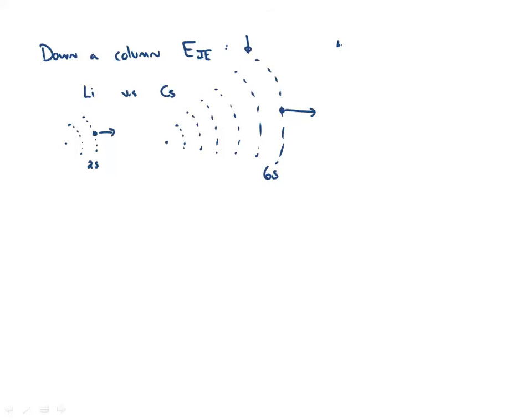And the reasoning behind that is because the electrons are further away from the nucleus. It's kind of the same exact reason because the size of the atom is increasing, right? The electrons are further away from the nucleus, therefore easier to remove.